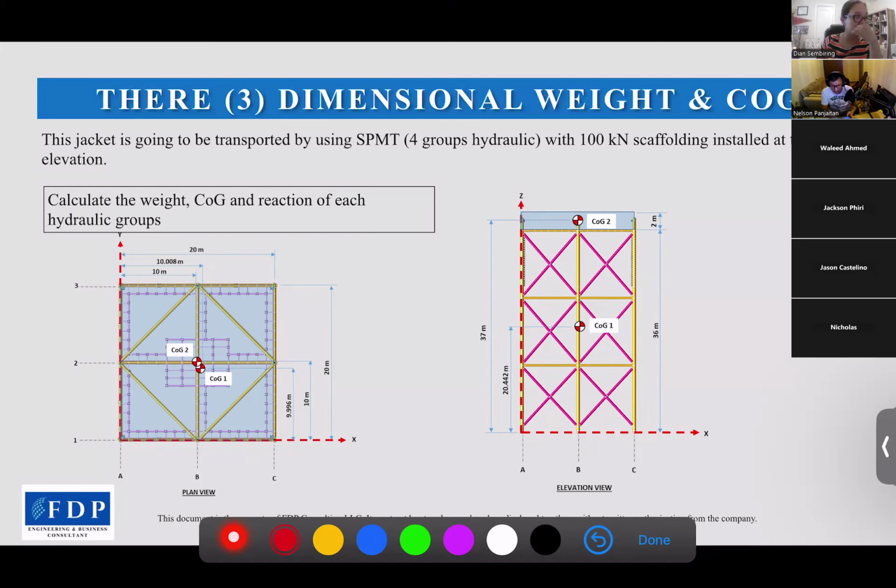The Y distance is 9.996 for item 1 and 10 meters for item 2. And for the Z direction, COGZ is 20.442 meters for item 1 and 37 meters for item 2.